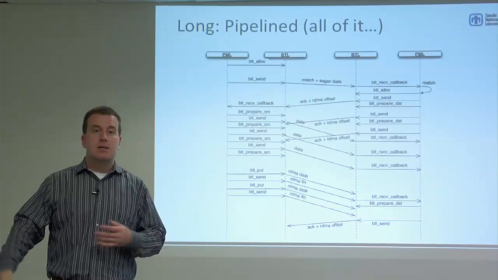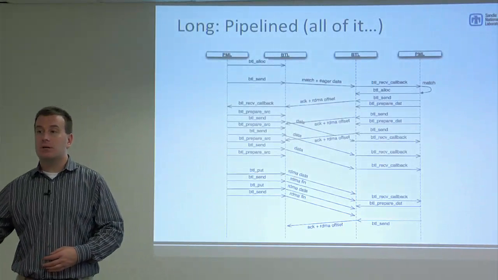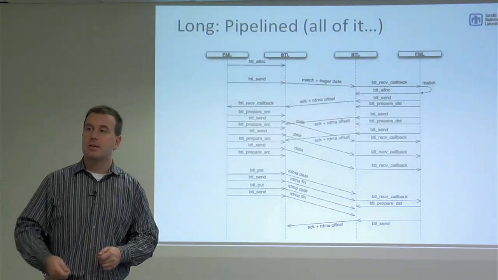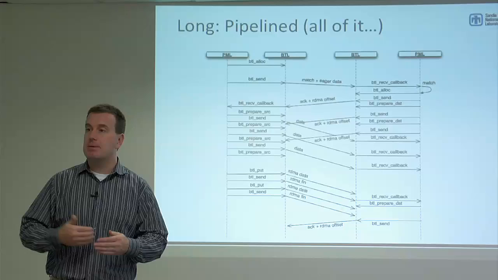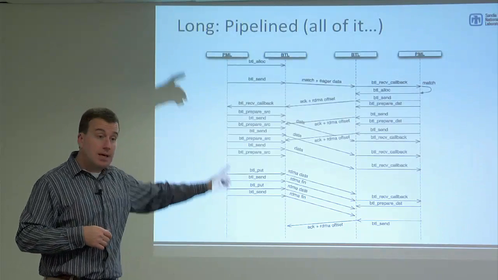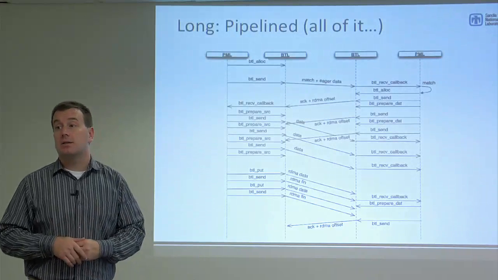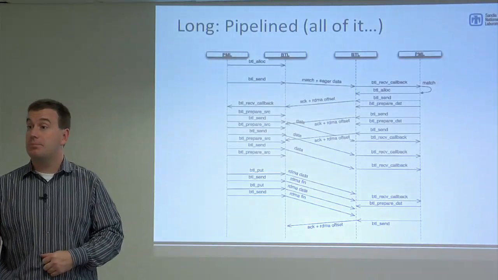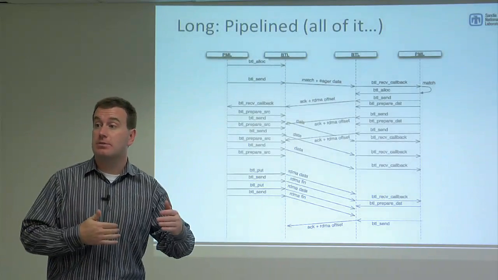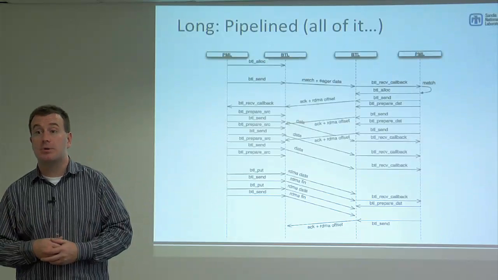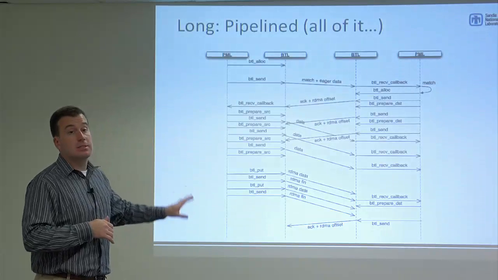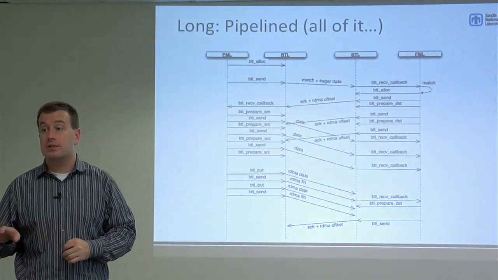Why? Because the prepare source time is now a red black tree lookup, and it tells you, oh, look, here's the registration. So we don't need to do all this nice pipelining protocol, which has a lot more messages we're sending, a lot more overhead than a simple put protocol. But it has the advantage of we can pipeline a lot of things that are very serial in the simple protocol.